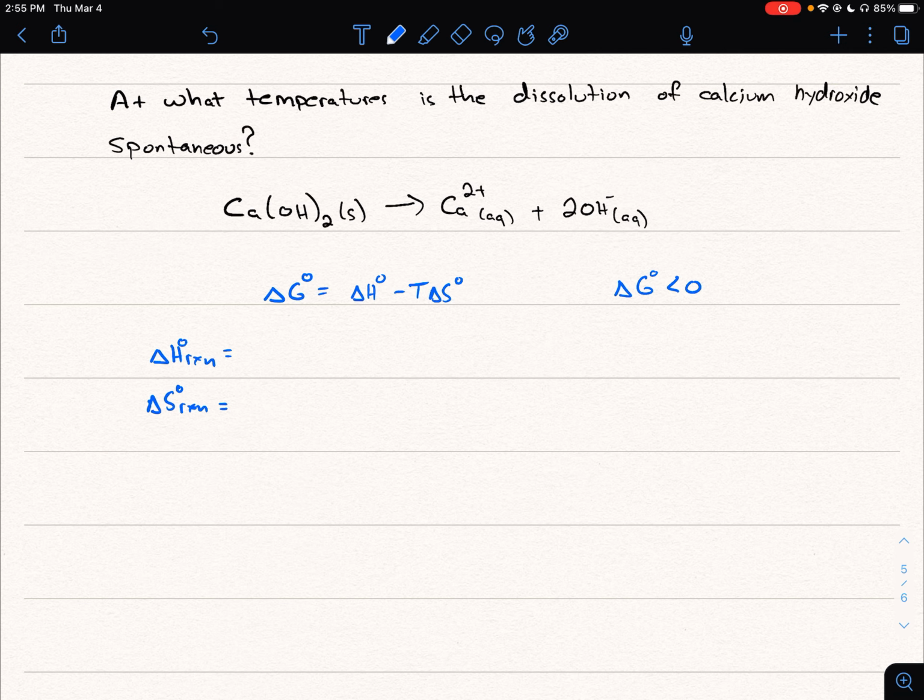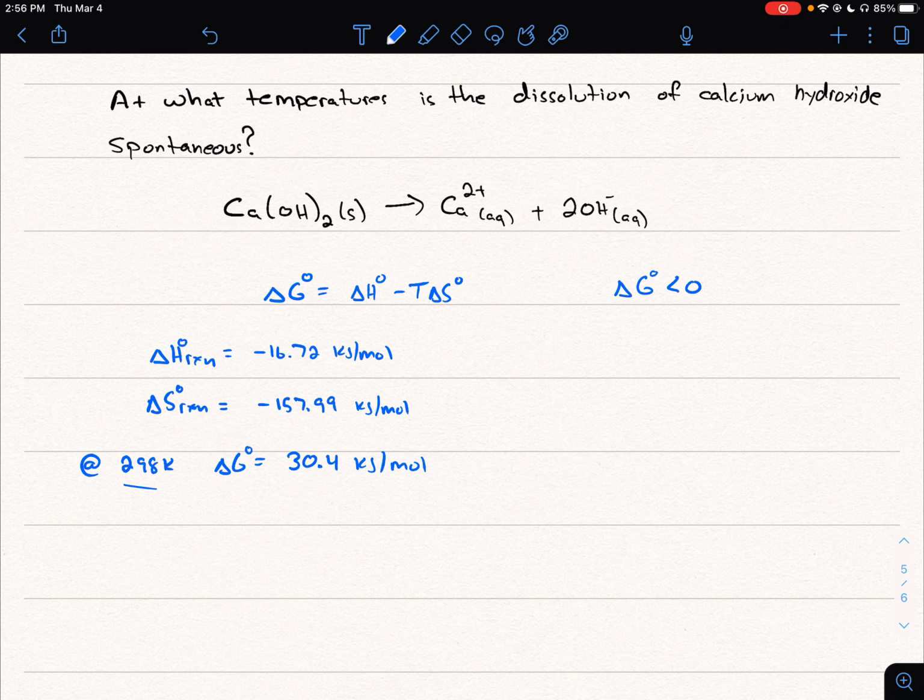We found delta H to be negative 16.72 kilojoules per mole, and we found that delta S was negative 157.99 kilojoules per mole. And then we found at 298 Kelvin, delta G was a positive 30.4 kilojoules per mole. So we said at 298, this reaction is non-spontaneous.